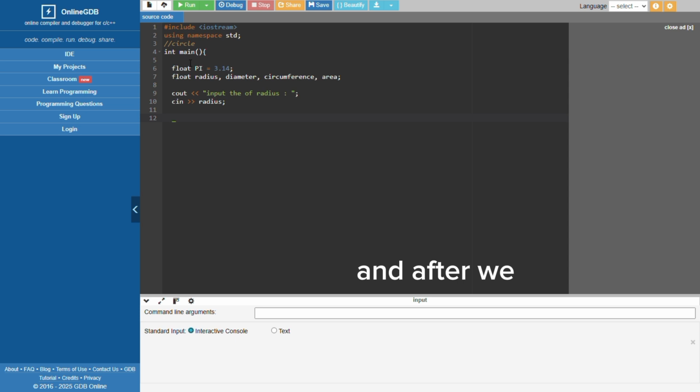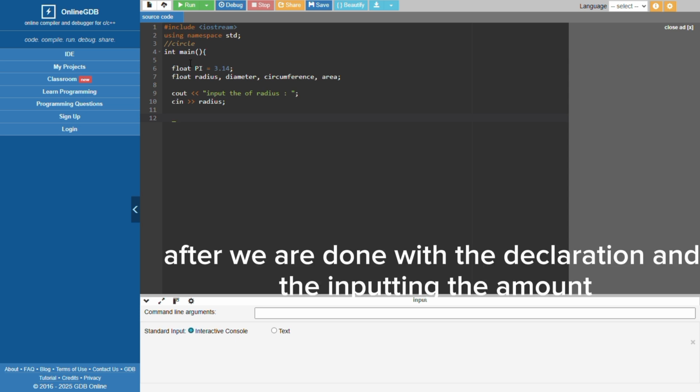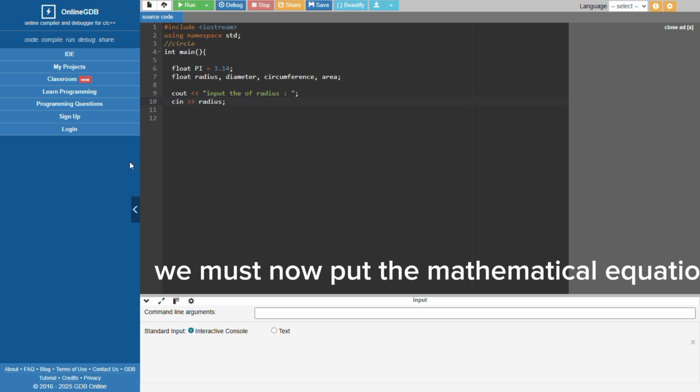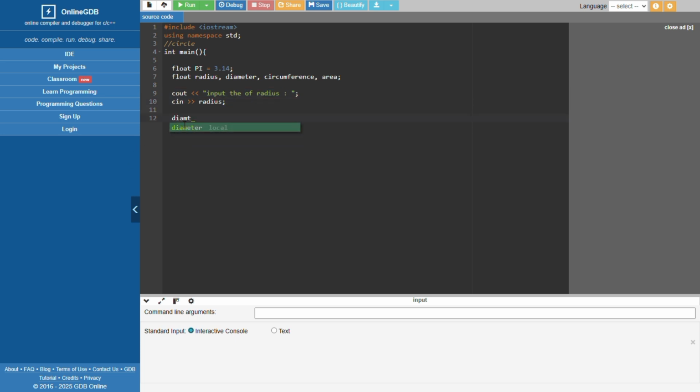After we are done with the declaration and inputting the amount, we must now put the mathematical equation to solve our circle.